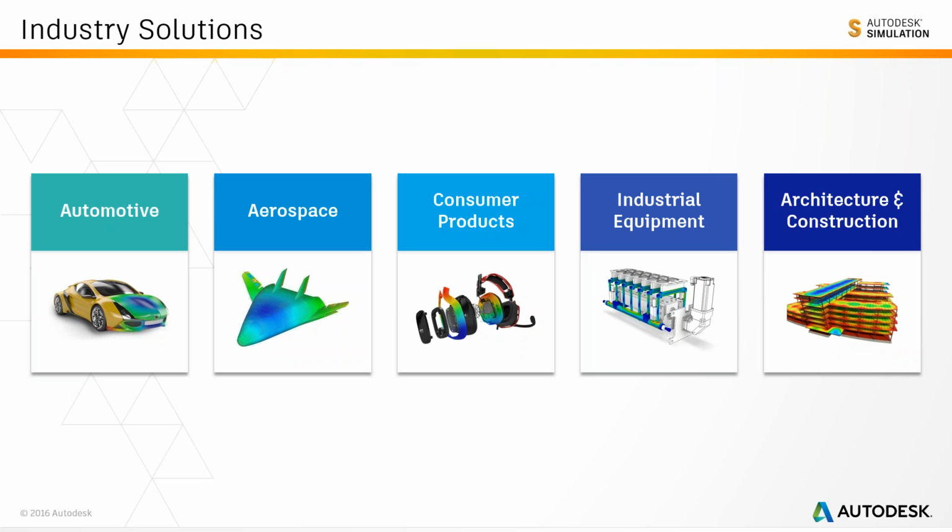So our simulation solutions give us access to all industries, whether it's automotive, aerospace, consumer, industrial, architects and building structures. So in all of these cases, our simulation solutions can offer benefits and significant cost savings.